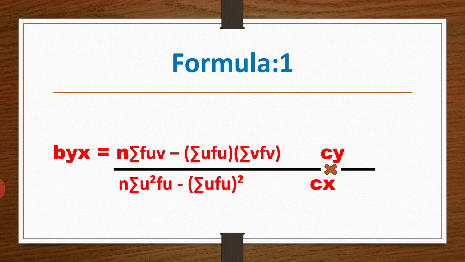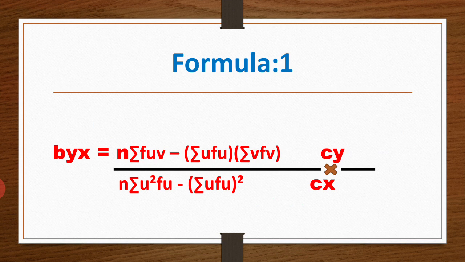Here this point is new, cy upon cx. Cy means class interval in y and cx means class interval in x.